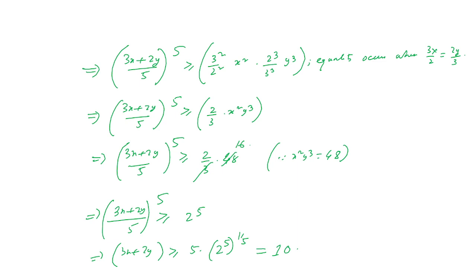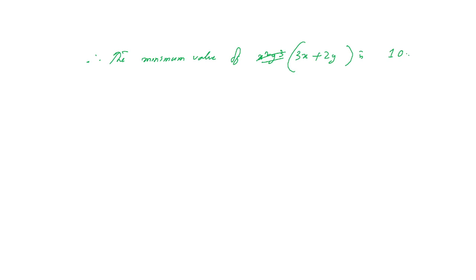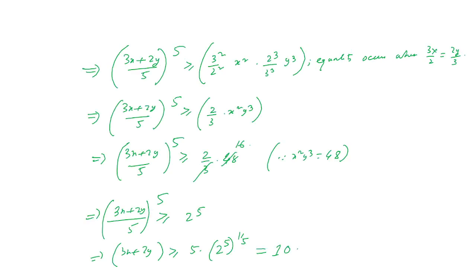Okay, so in that way you can solve the problem and you can find out the minimum value and maximum value. But okay, if the question is when the minimum value occurs, from that respect you just continue this part.